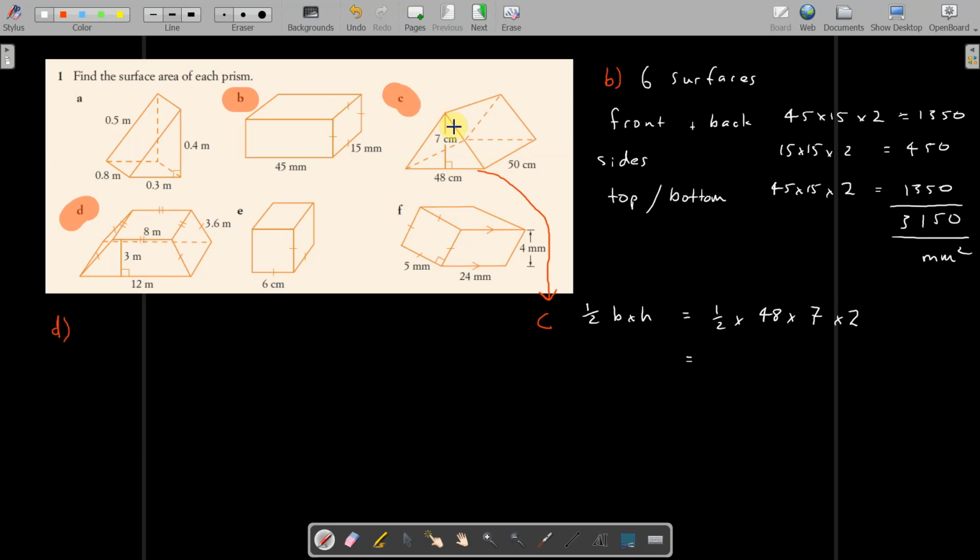Now we've got a 7, and we've got half of that, which is 24, because that perpendicular splits that in 2.